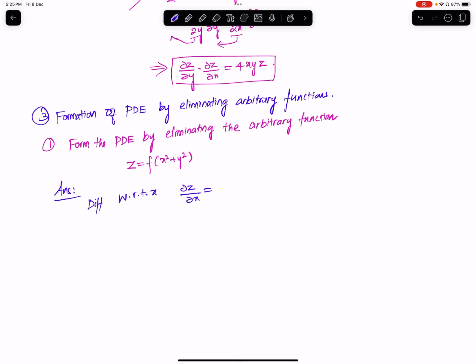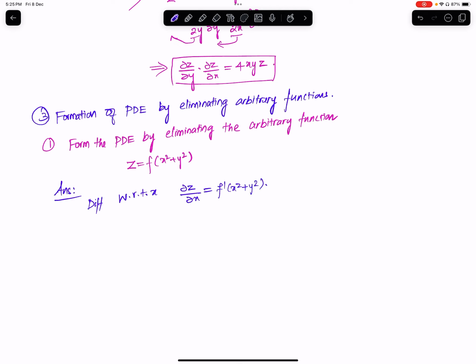Whatever they have written inside the bracket, you have to differentiate partially with respect to x and y. When I differentiate with respect to x, I write f dash. That's all. If you differentiate for the second time, you can write f double dash. So f dash of x square plus y square.